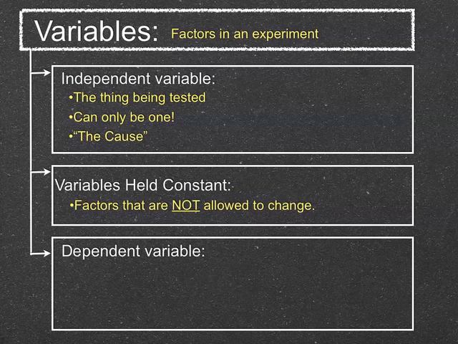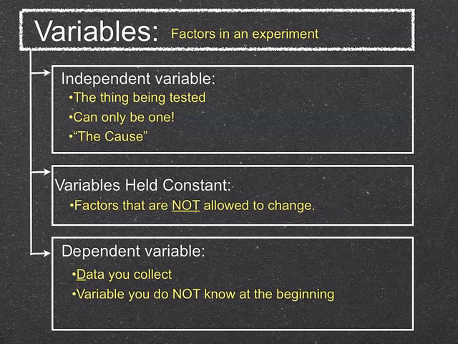And then the third variable is the dependent variable. Sometimes there's one, there may be more than one. But the dependent variable is the data that you collect in your experiment, sort of the results of your experiment. And you don't know it ahead of time. When I set up my rat experiment, I knew how many rats I had, I knew how much vitamin C I was going to give them, but I wasn't sure how much they'd weigh at the end.